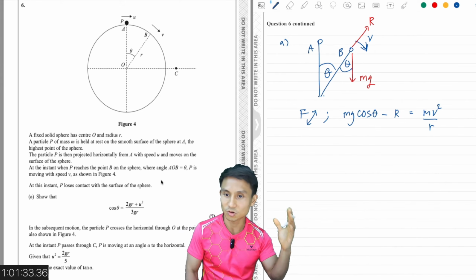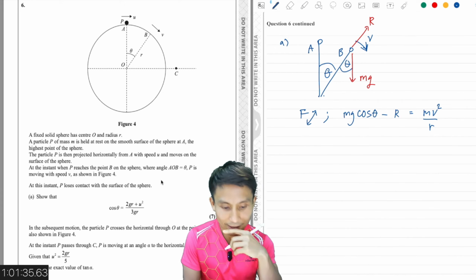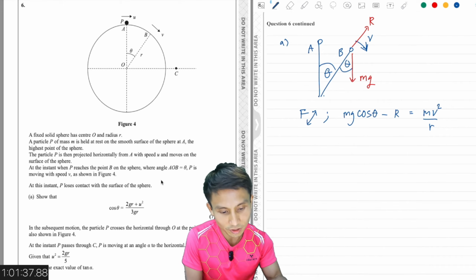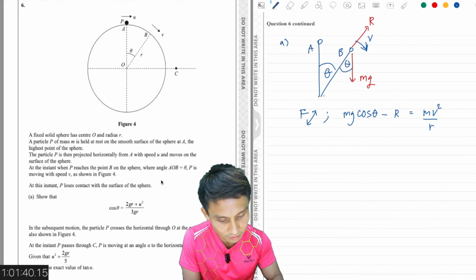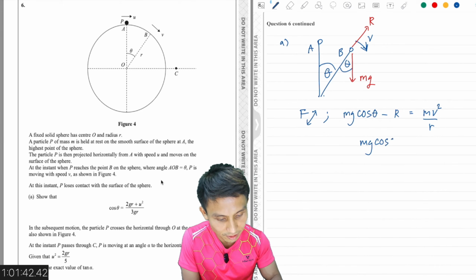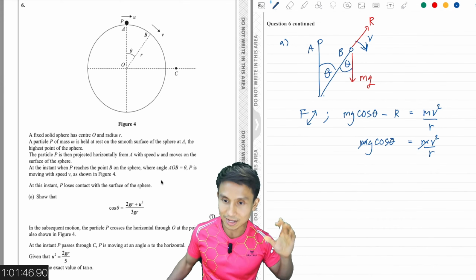The big R is the normal reaction. And we know that at this point, R is 0. So it's just mg cos theta equals mv squared over r. So we're going to leave it at this now.